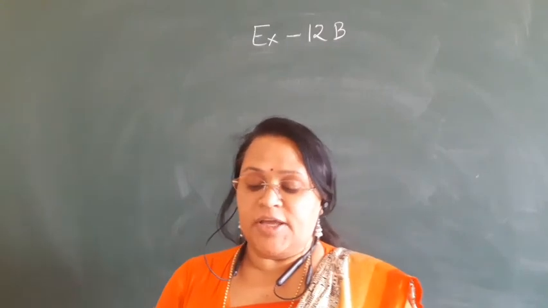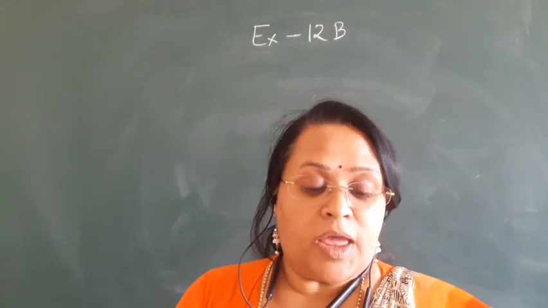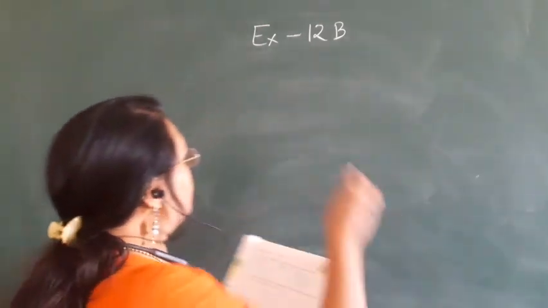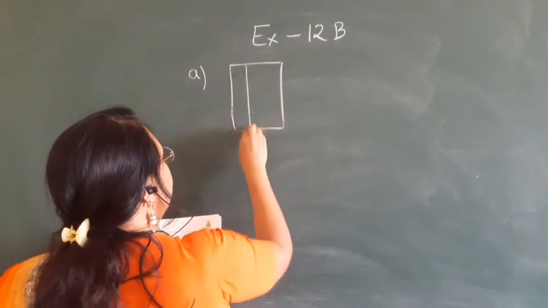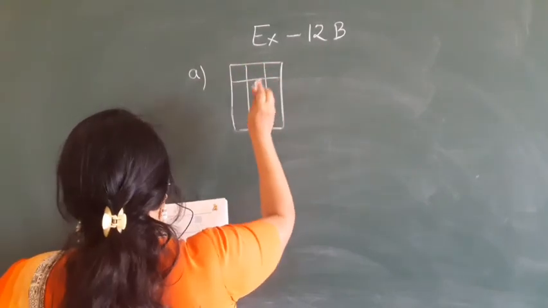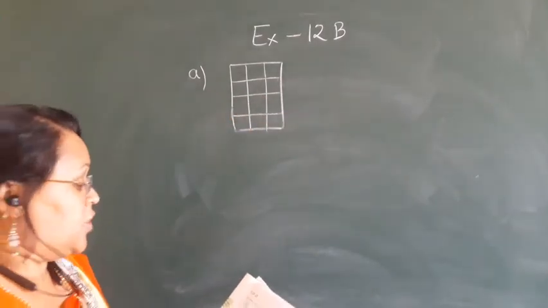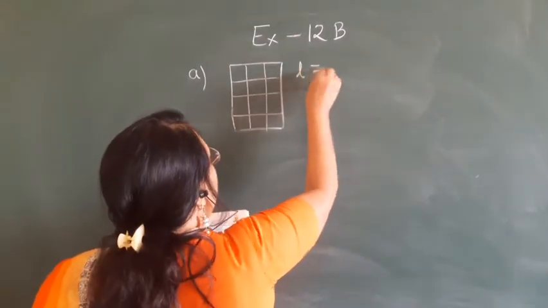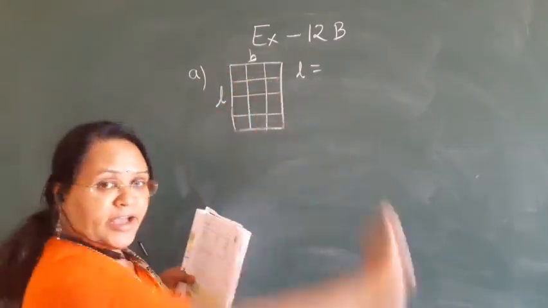Give your answer in square unit. So the first figure is given like this. This is the length and this is the breadth. This is a rectangle in shape.